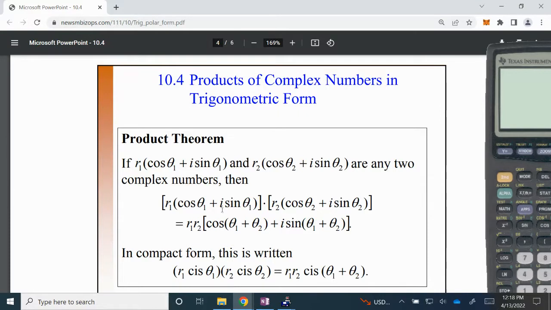The formula says in order to multiply the two numbers, we simply multiply the absolute values, so it's r1 times r2, and we add our arguments, theta sub 1 plus theta sub 2. In compact form, this is written as r sub 1 times r sub 2 cis theta sub 1 plus theta sub 2. Let's take a look at an example.